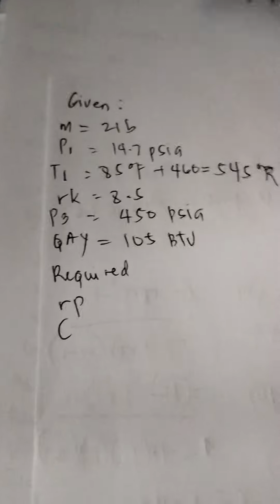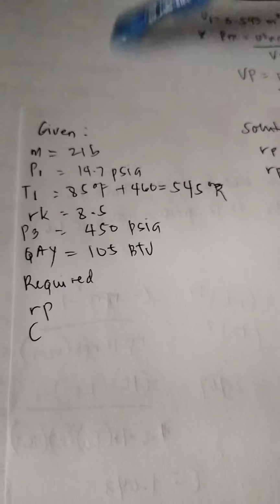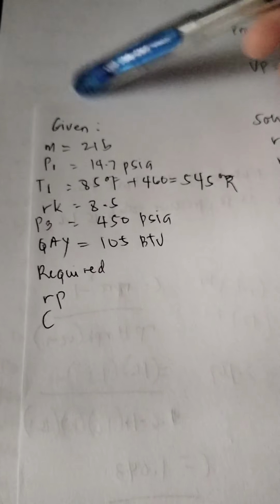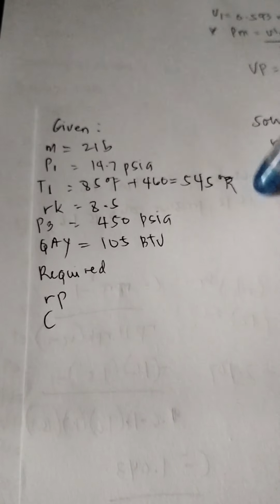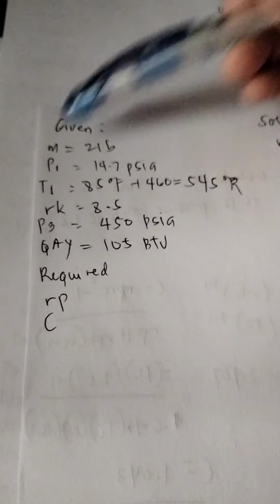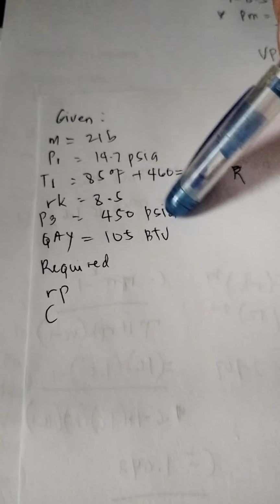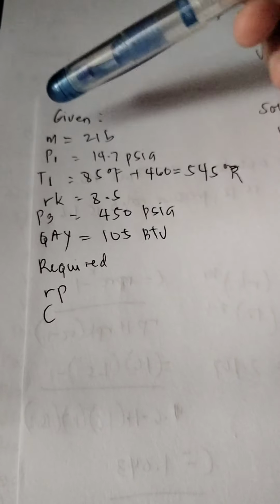So, as given, we have m is equal to 2 pounds, P1 is equal to 14.7 psia, and T1 is equal to 85 degrees Fahrenheit plus 460, equal to 544, rk is equal to 8.5, P3 is equal to 450 psia, and 105 BTU.